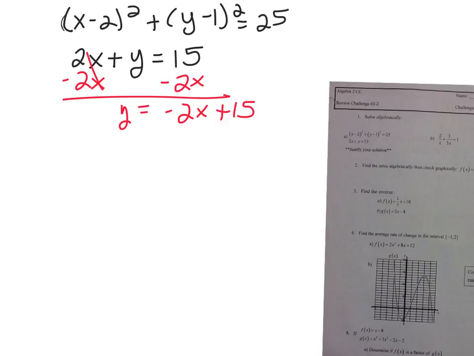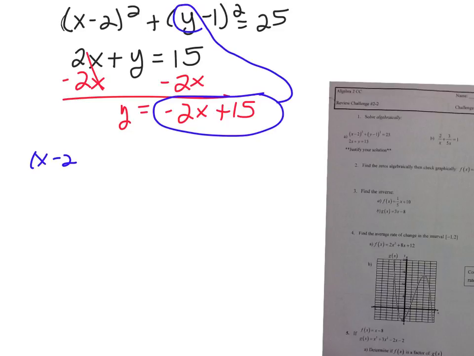So now what I'm going to do is take this equation and substitute it in for the y value. So I have (x - 2)² + (-2x + 15 - 1)² = 25.